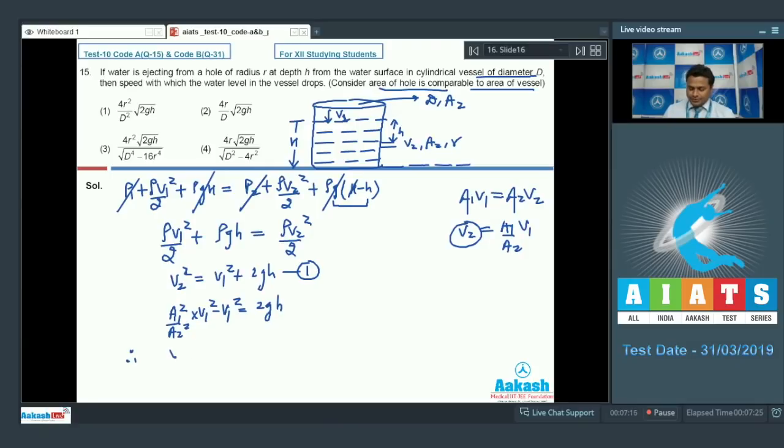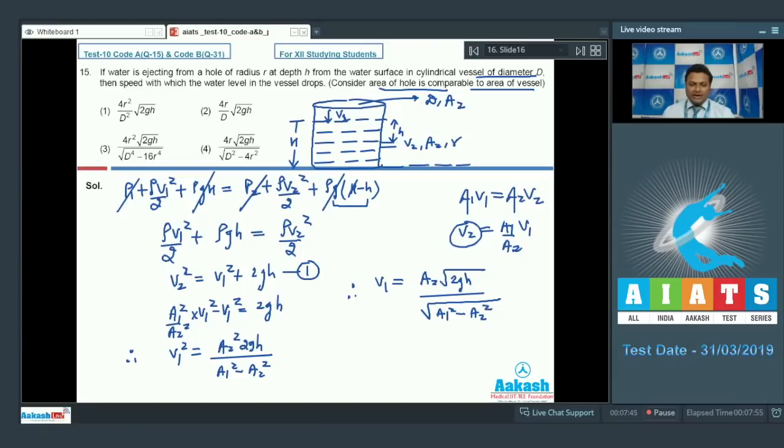Therefore, V1 square will be equal to A2 square into 2GH whole divided by A1 square minus of A2 square. Therefore, V1 will be A2 under root 2GH whole divided by under root of A1 square minus A2 square.